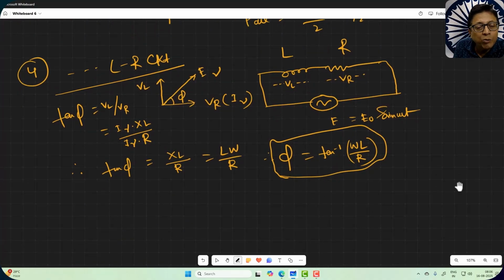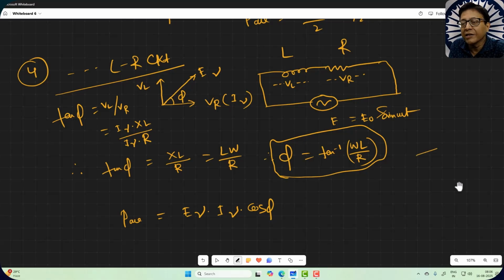So P average will be what? E_rms I_rms cos phi. In this impedance triangle, this is phi, this part is XL and this is R. So tan phi is XL by R means cos phi you can find. This side is going to be root of XL square plus R square.